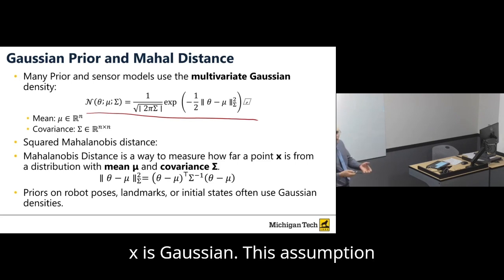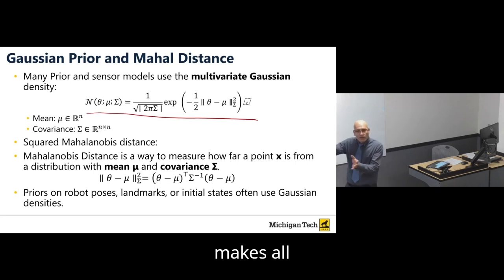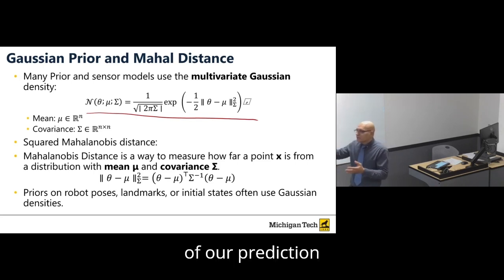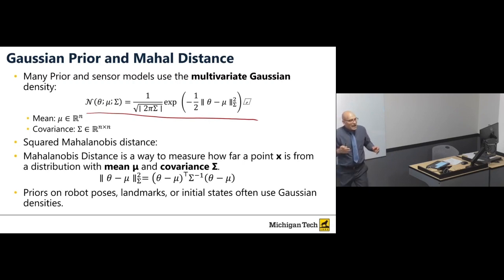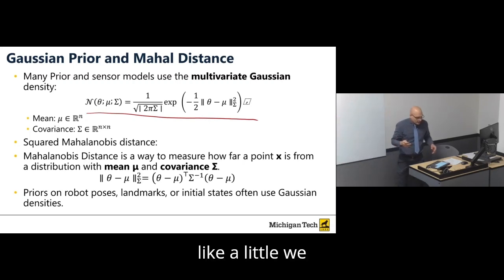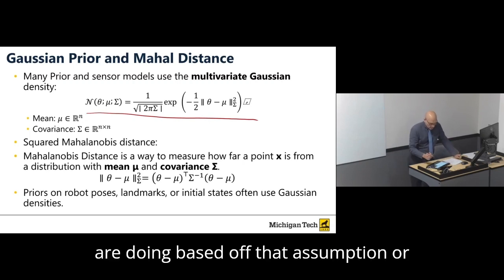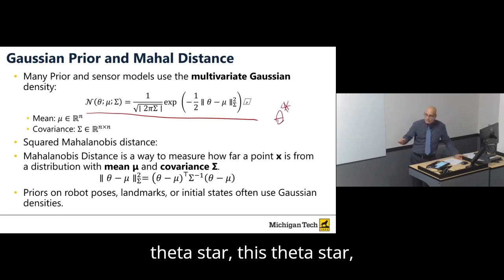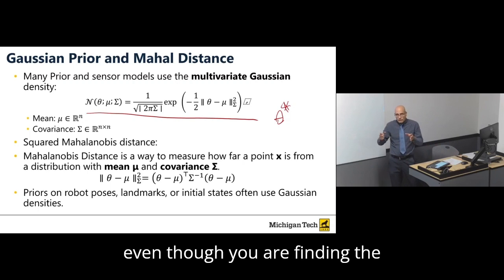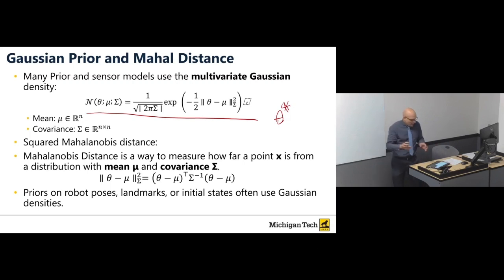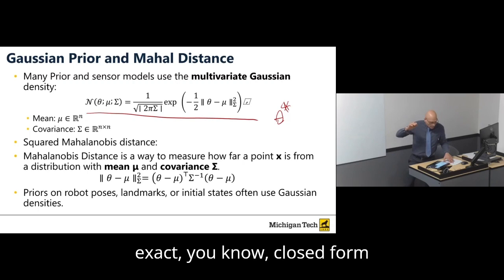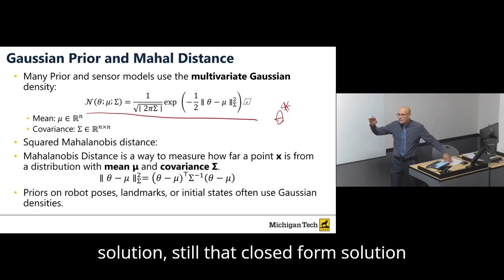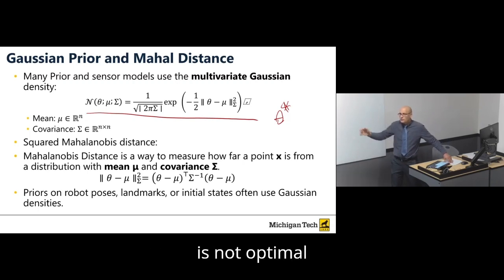This assumption makes all of our predictions approximate. We are doing them based off that assumption. So if we find, for example, theta at the end, or theta star, even though you are finding the exact closed form solution, that closed form solution is still not optimal.